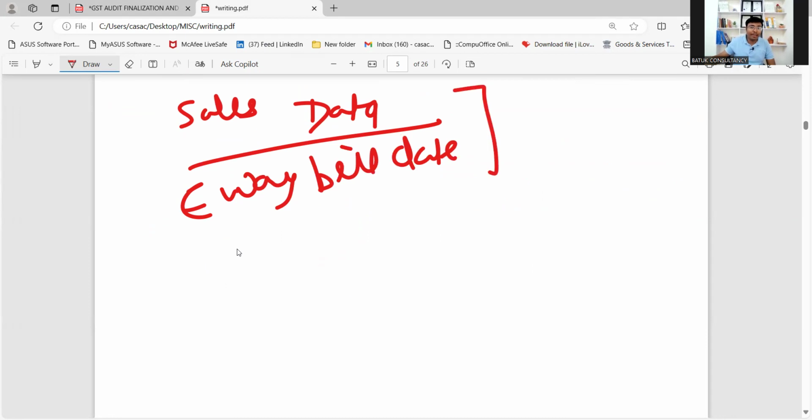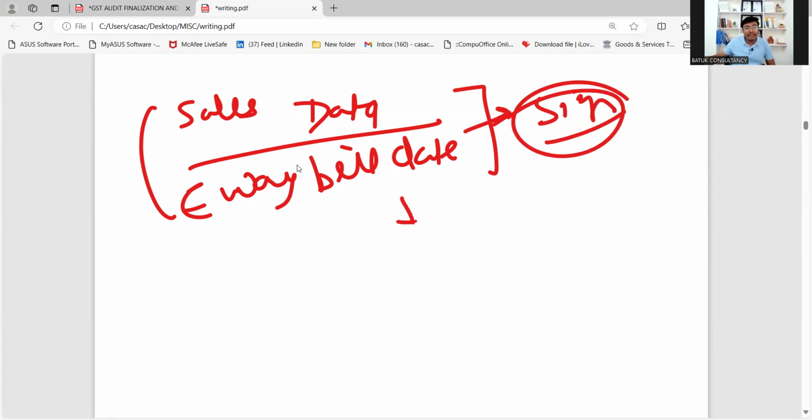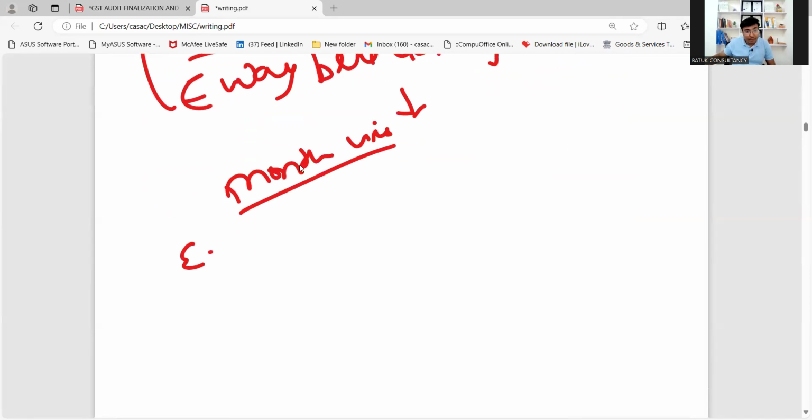If there is any mismatch between the sales data and e-way bill data, and if it is a normal difference, it may be some system glitches or some technical issue. But if there is any significant difference, in that case month wise e-way bill and month wise sales should be matched.